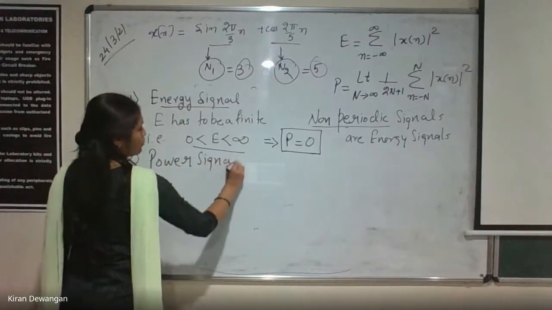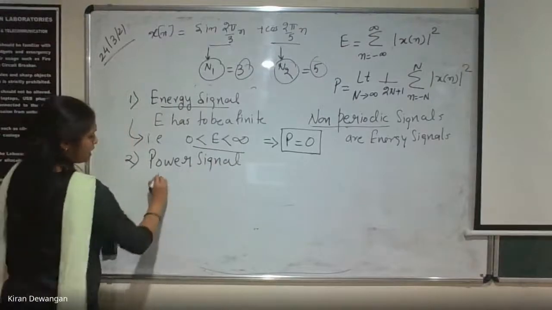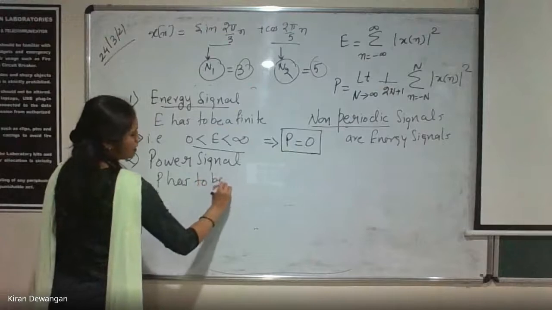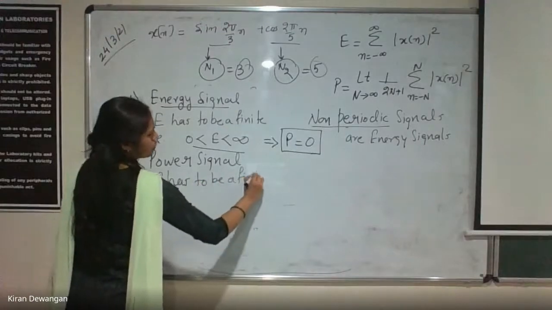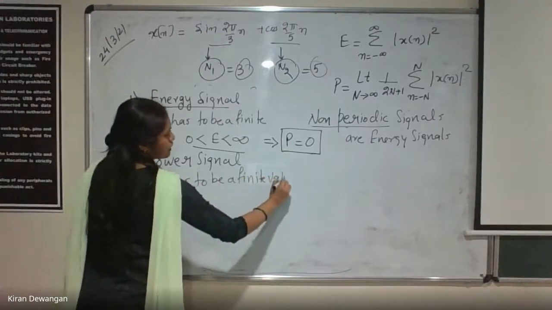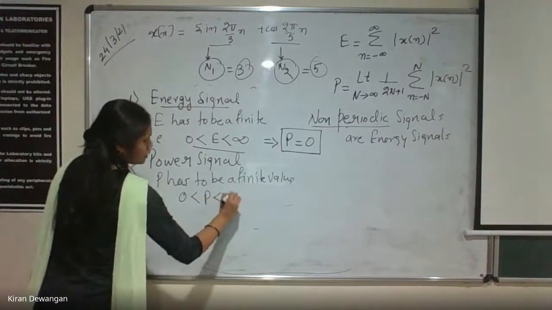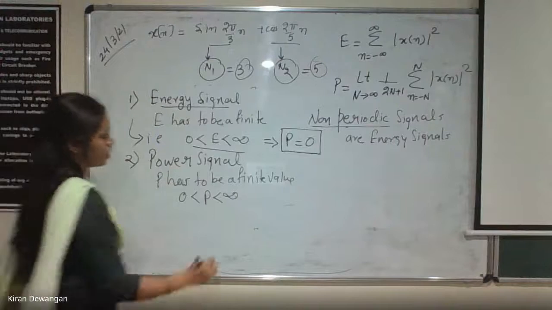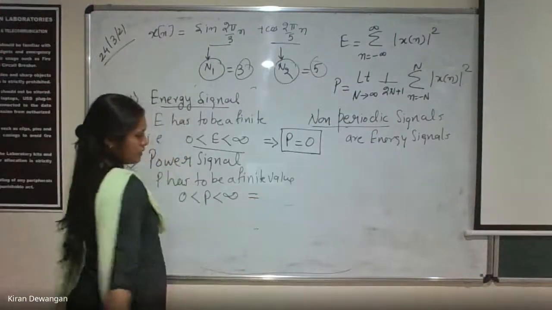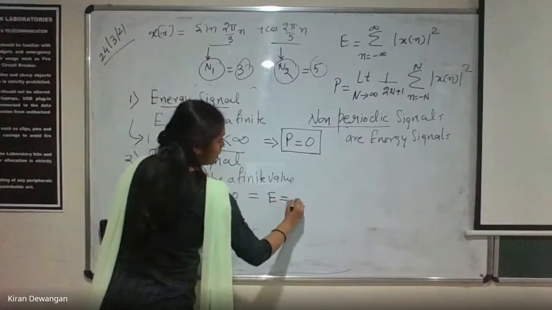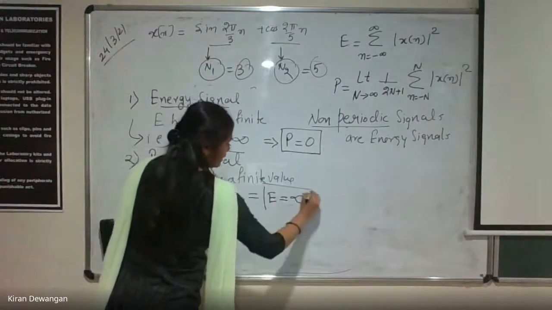Now when we are talking about power signal, in that case P has to be a finite value. ठीक है? मतलब it should be in between 0 to infinity. Now if it is a power signal, in that case E, energy, should be infinity.